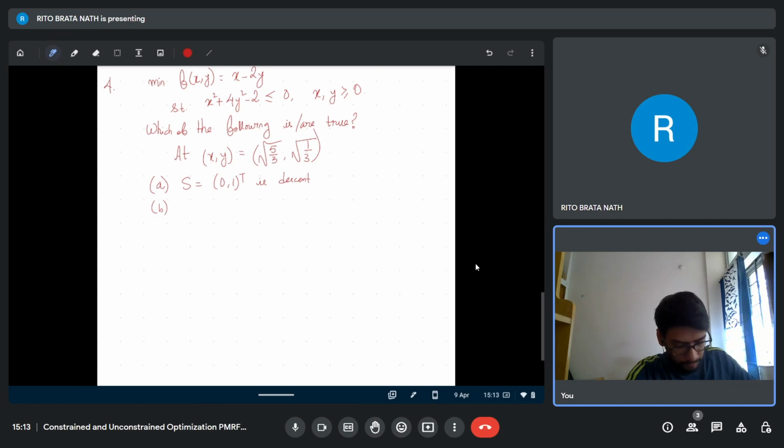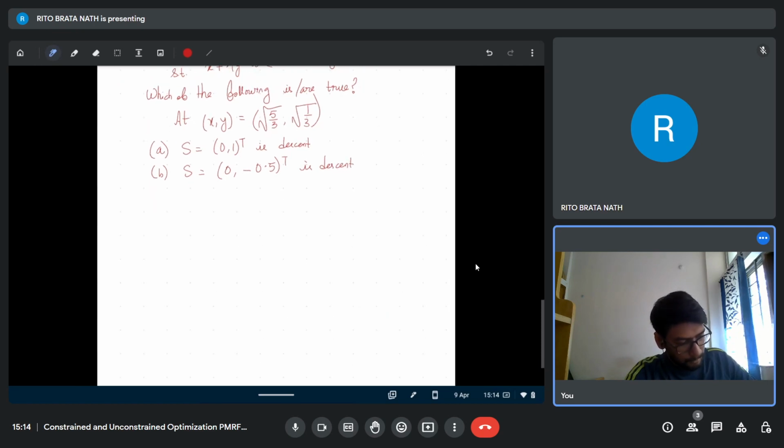B is S equals (0, minus 0.5) is descent. C is S equals (0, minus 1) is descent. D is S equals (0, 0.5) is descent.